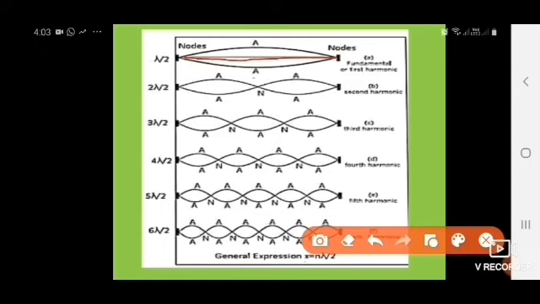Which type of wave is created here? A transverse wave is created, whose velocity we know is v equal to under root T upon m. This velocity is given by the formula v = √(T/m).